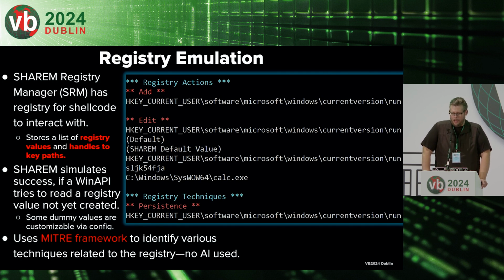We also provide a Windows registry manager, which allows us to record registry actions in a very great amount of detail, so we can keep track of things like if things are being added or modified, and even identify certain malware techniques like persistence or credentials without the use of AI.